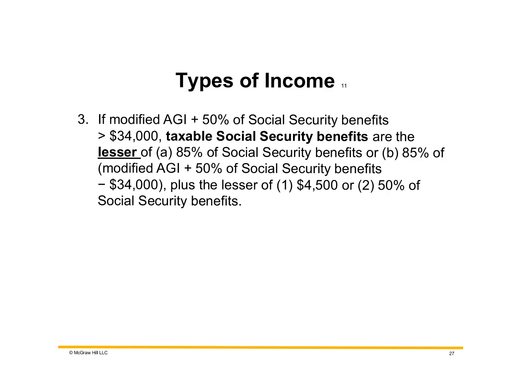And then our final option, if the taxpayer's modified AGI plus 50% of their Social Security benefits is greater than $34,000, taxable Social Security benefits are the lesser of A, 85% of Social Security benefits, or B, 85% of modified AGI plus 50% of Social Security benefits minus $34,000, so all of that together, plus the lesser of $4,500 or 50% of Social Security benefits.